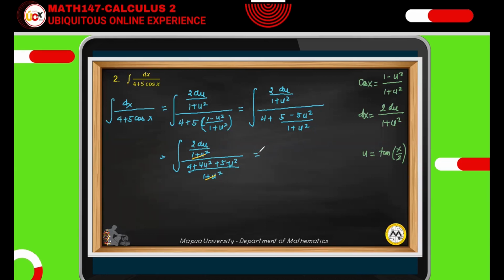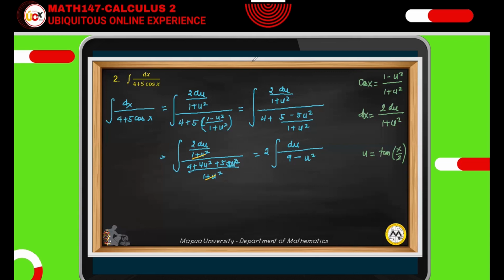And this leads us to, we can write 2 before the integral sign since it is a constant factor in the integrand. du over, if we simplify the denominator, we have 4 plus 5 is 9, minus 4u squared minus 5u squared. This should be 5u squared, sorry.